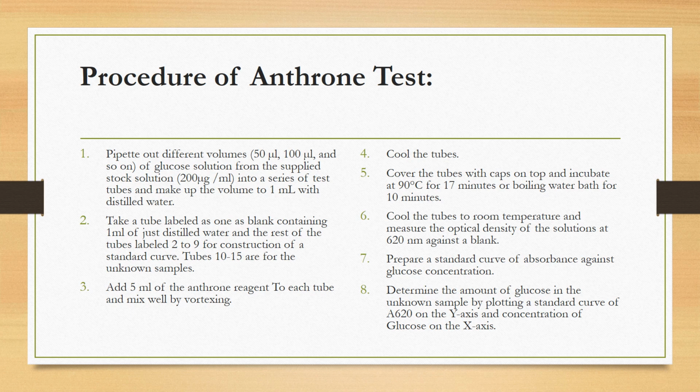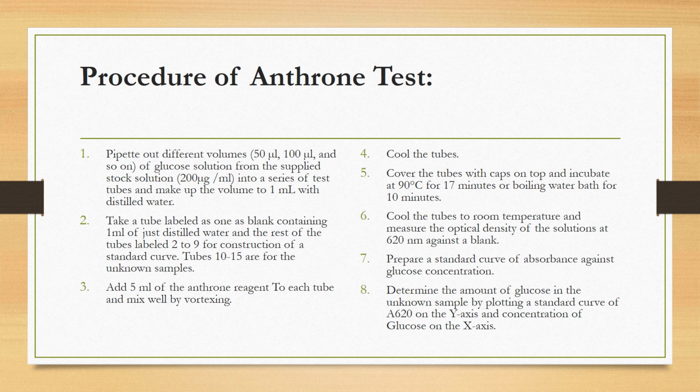You know the concentrations of these tubes, and you will label them 2 to 9 for the concentrations of a standard curve, which is used in a spectrophotometer. Tubes 10 to 15 are for the unknown samples.